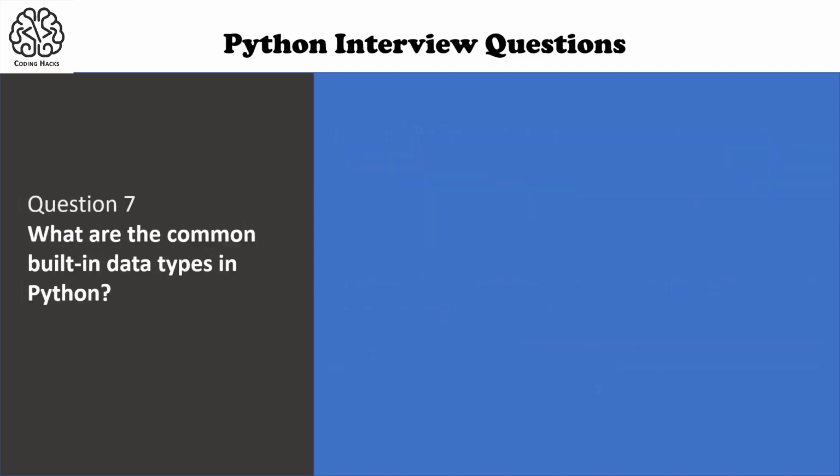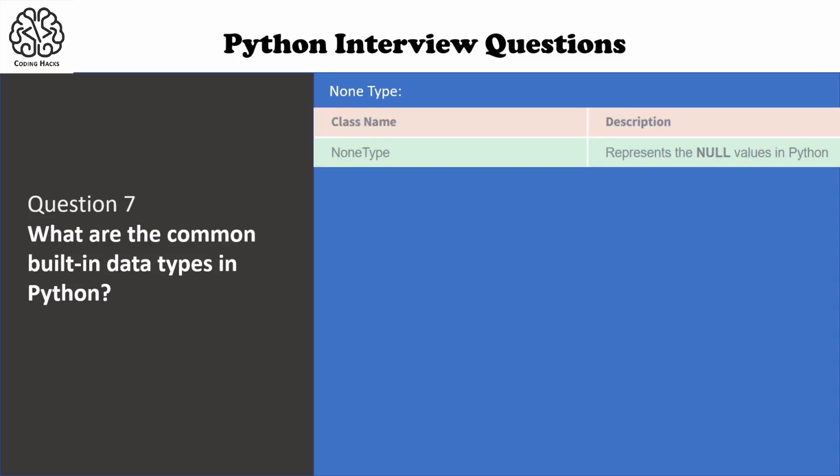Our 7th question is, what are the common built-in data types in Python? We have None type. It is used to represent the null value in Python. If we compare it with JavaScript, then we have a null type there, whenever we want to create an empty object which has null value, then we used to give null as a value in JavaScript.